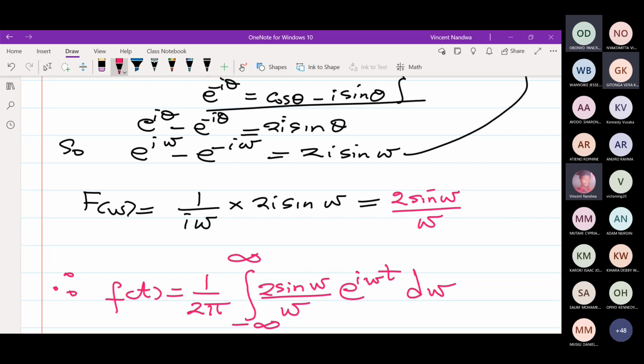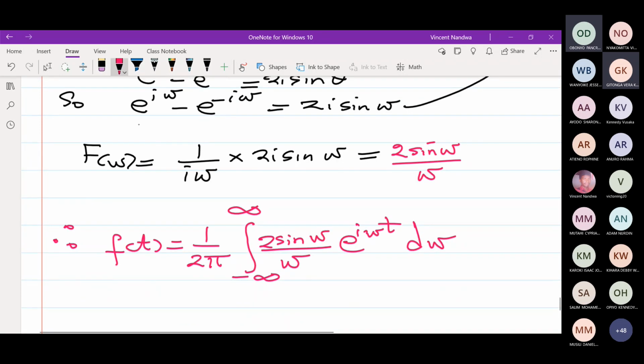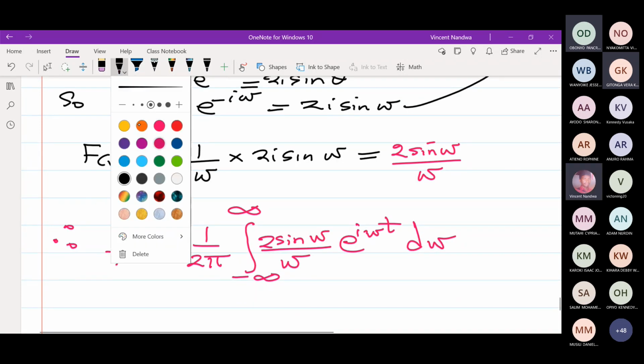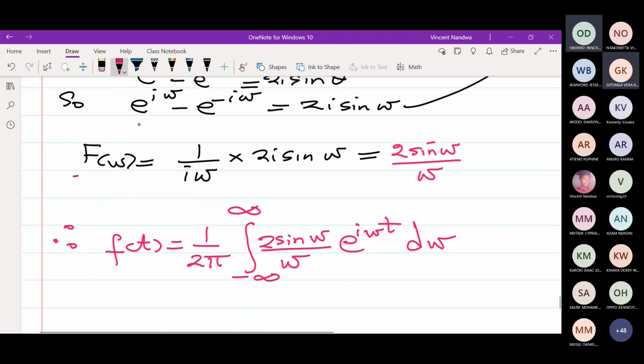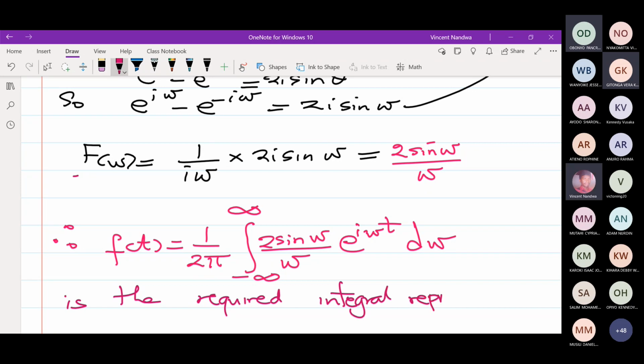So that is the function given in integral representation, or in the Fourier integral representation. It is the required integral representation.